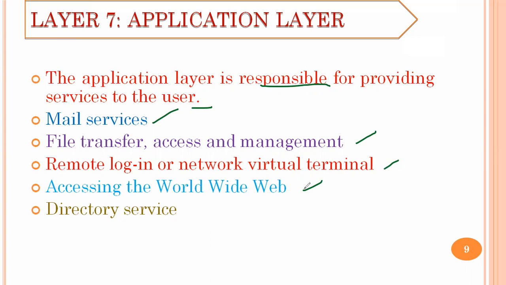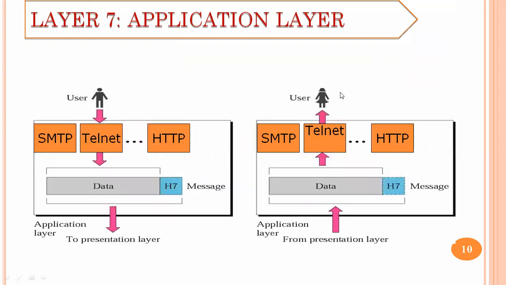But all the data transmission steps will be implemented at the backend, and then directory services are also there in the application layer. Okay, so some protocols are being used over here, like SMTP, simple mail transfer protocol, Telnet is there, hypertext transfer protocol is there.